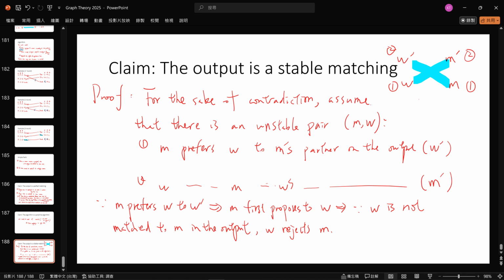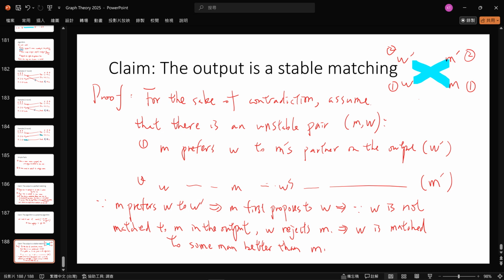By the fact that in the output W and M are not matched, we know that W must reject M in some round. And the reason that W decides to reject M must be that she receives a better proposal.